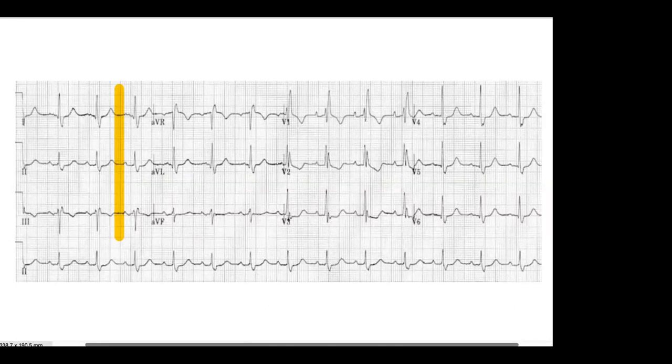Sometimes, if you have a blockage on the, let me think about it. I'm also getting confused. Normally, if you have a blockage on the left side, Dan, you have to correct me on this. You are the cardiologist here.